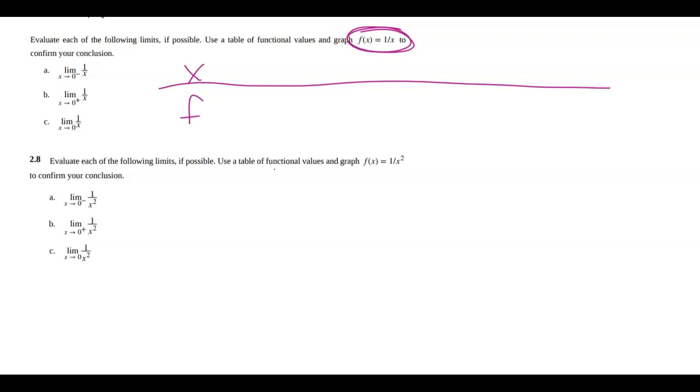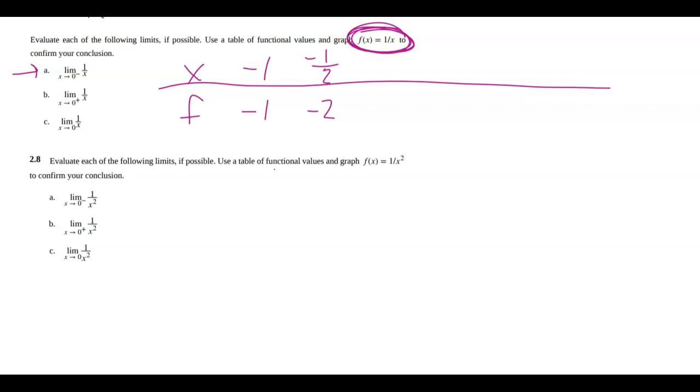A number left of 0 is going to be like -1. Well, if I plug in -1, 1 over -1 gives me -1. A number closer to 0 from the left might be like -1/2. Well, this is the reciprocal function, so 1 over -1/2 gives me -2.